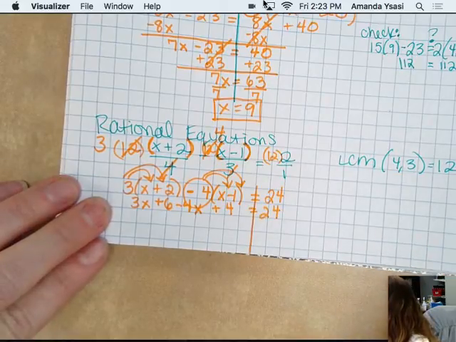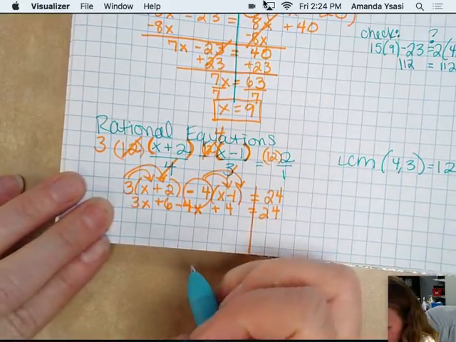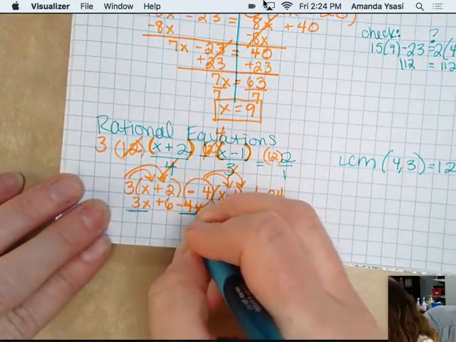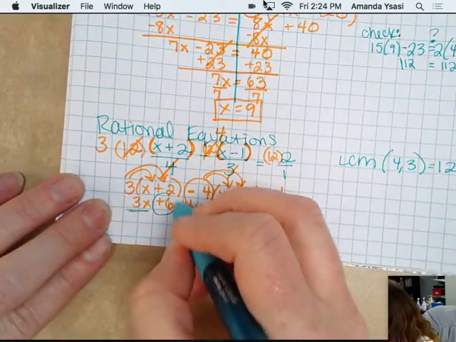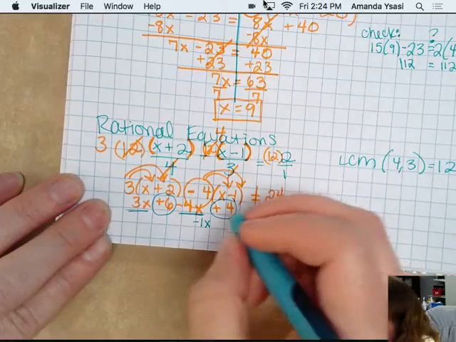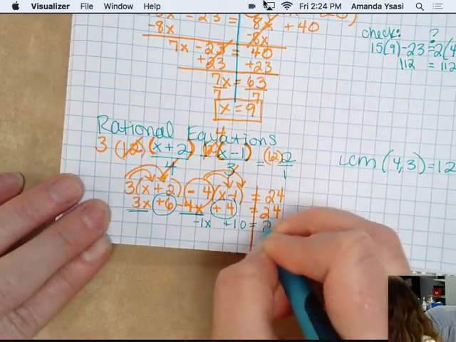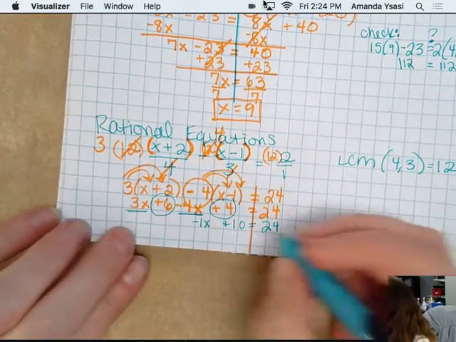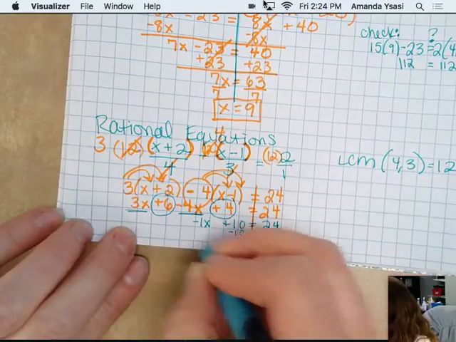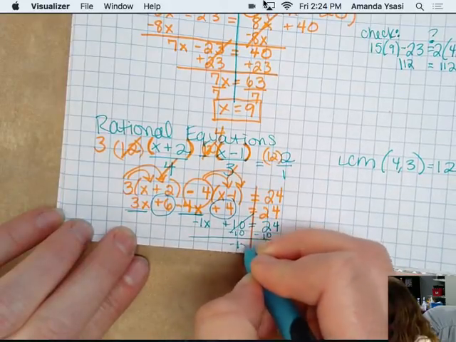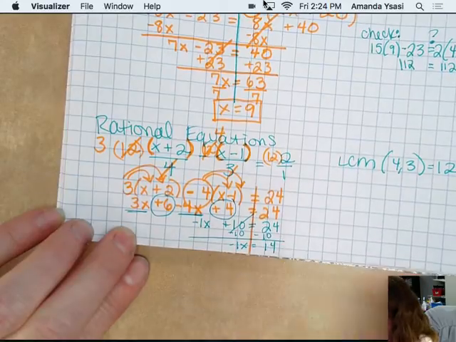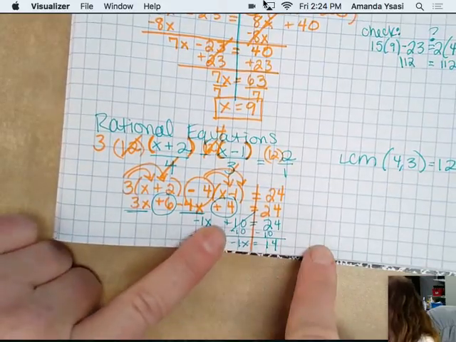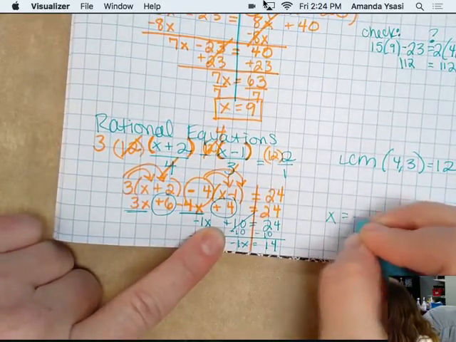Then combine like terms on the left side. So we have 3x minus 4x, which is negative 1x. And then positive 6 and positive 4, so plus 10 equals 24. Subtract 10 on both sides. Negative 1x equals positive 14. But our answer has to be written as x equals, so we change the sign on both sides, making this a positive x and a negative 14.